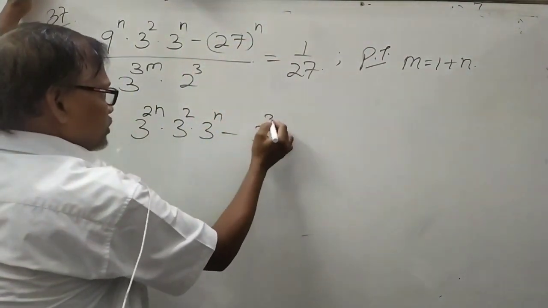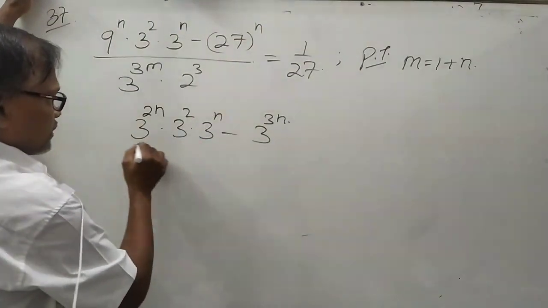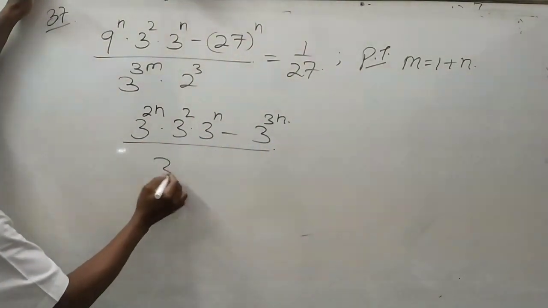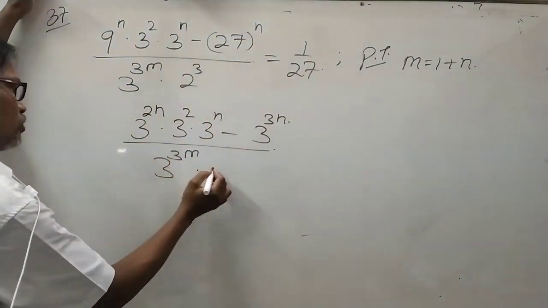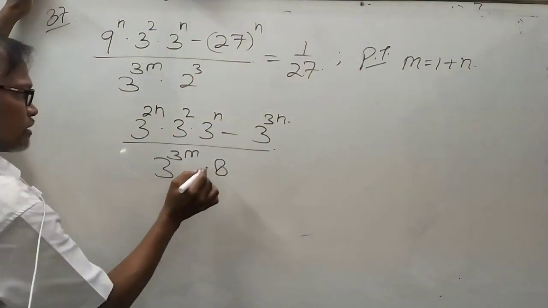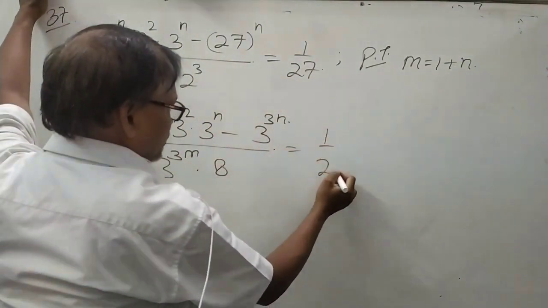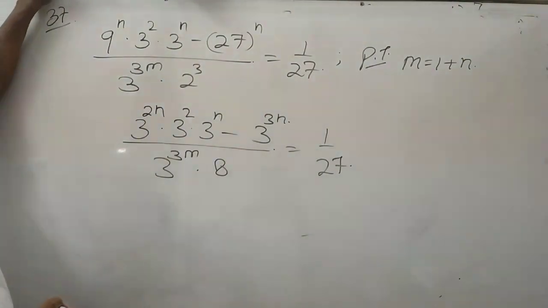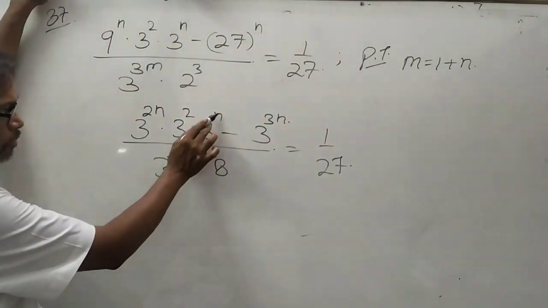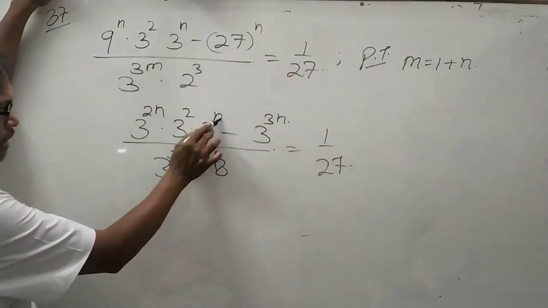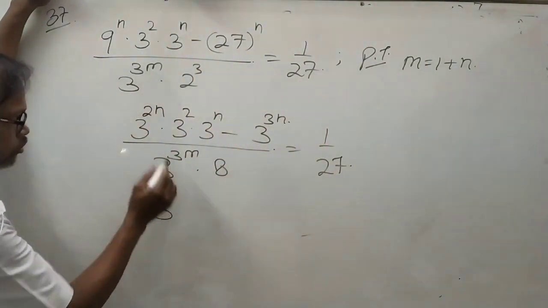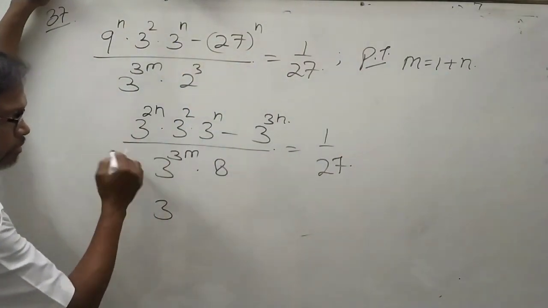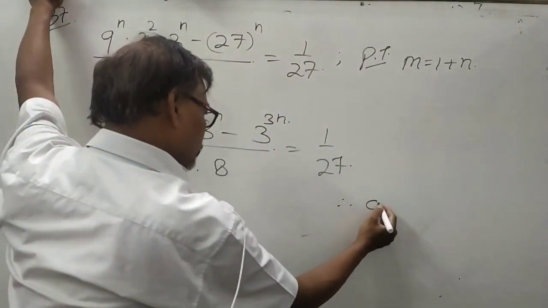Cube to the power n means 3 to the power 3n, because it is n. Whole upon 3 to the power 3m into, can you write 8 is equal to 1 by 27. Now what is common? Can 3 to the power n and 3 to the power 2n be added? Yes. The powers 2n plus n will be added, as you know.